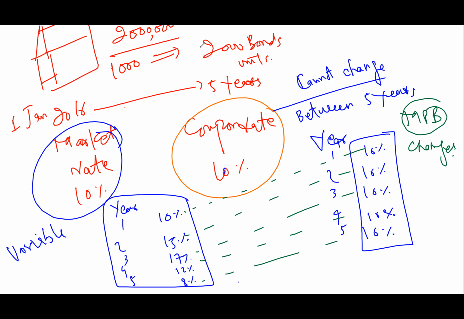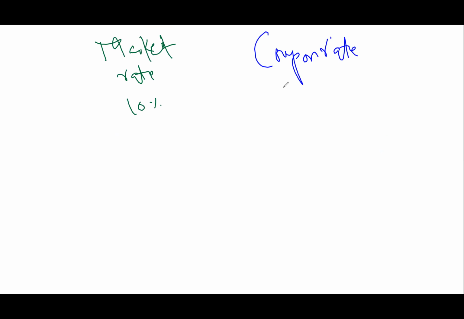So first year, 10%, second year, 15%, just giving you the rough idea here. So when you issued the bond, the market rate was 10%, and you also made your coupon rate 10%.